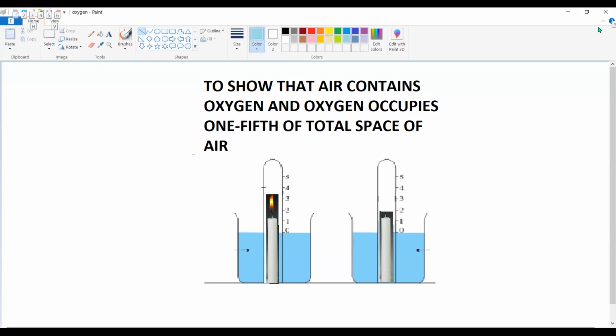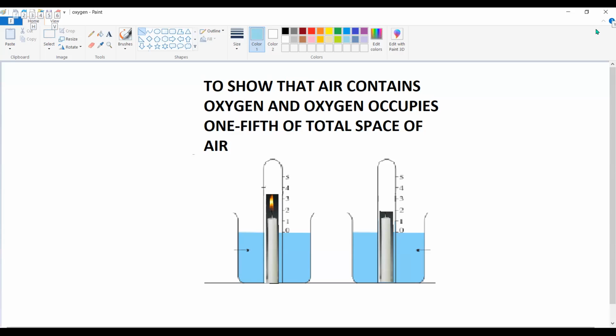After some time, the candle extinguishes and the water level rises to mark 1. The candle extinguishes as the oxygen in the jar got used up. The water rises and takes equal space as occupied by oxygen.